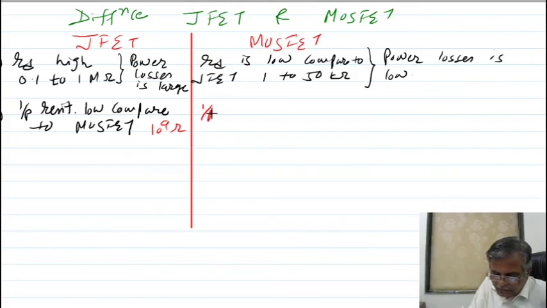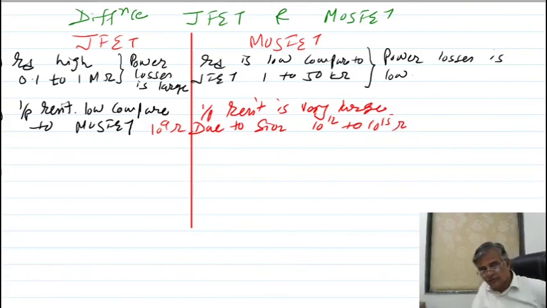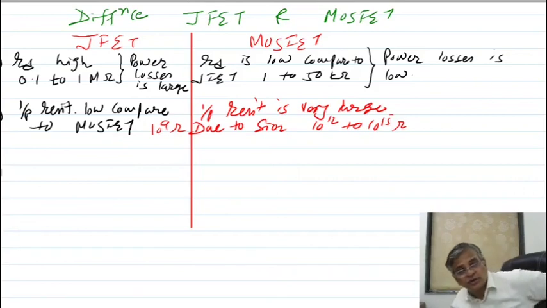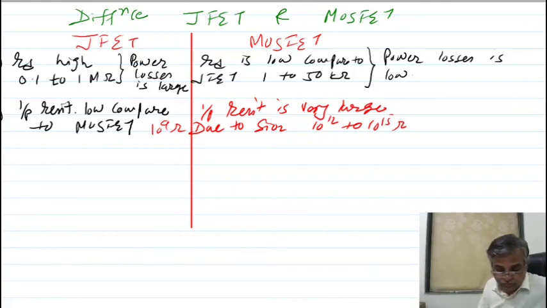In MOSFET, input resistance is very large due to the SiO2 layer, which acts as a capacitor. Input resistance is low in JFET compared to MOSFET. In MOSFET, input resistance is large due to the SiO2 layer, which provides the isolation.